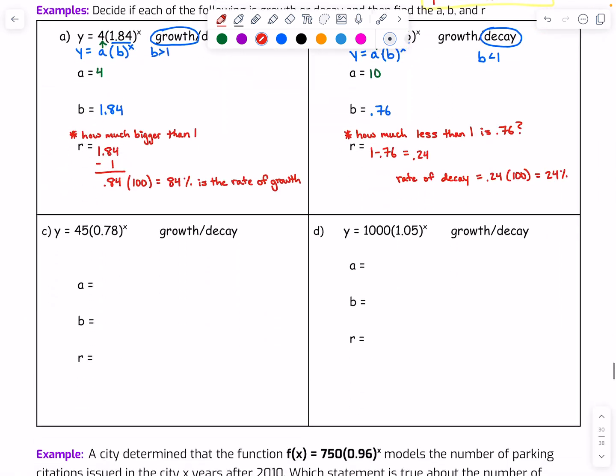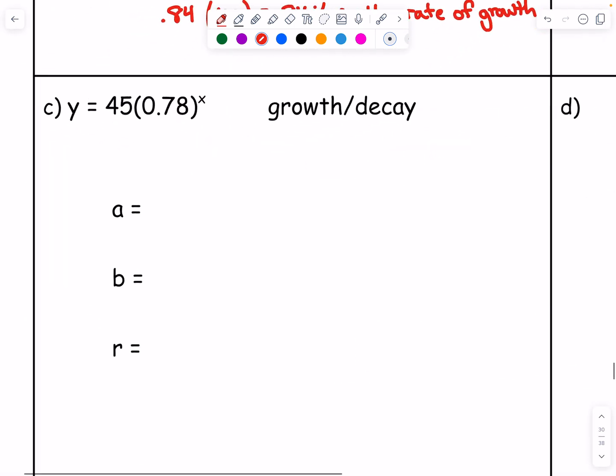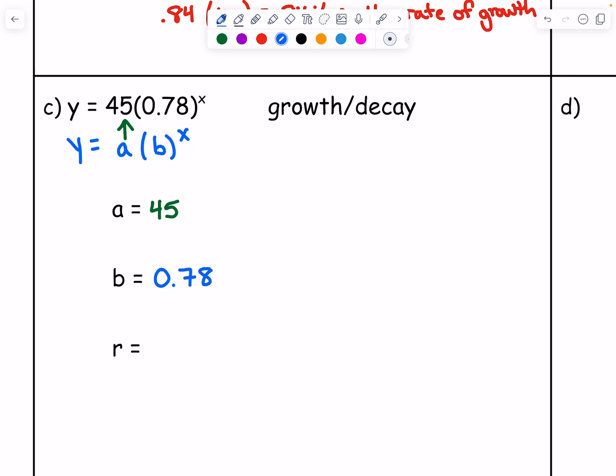All right, let's look at C. So again, let's write out our exponential form. So y equals a times b to the x. We see that a is the initial value, which is 45. B is the 0.78, and that's less than 1. So that goes with decay. And then the rate is how much less than 1 that is.